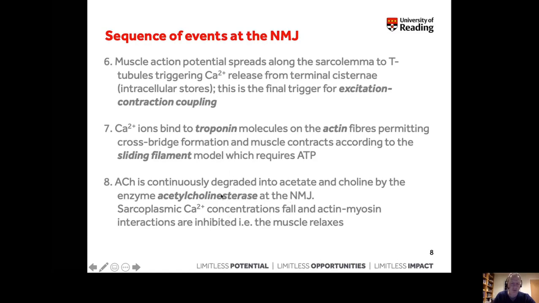Once acetylcholine is broken down by this important enzyme, the levels of intracellular calcium within the muscle, the sarcoplasmic calcium concentrations, fall. Actin and myosin interactions are inhibited, so this sliding filament model is broken and the muscle relaxes.